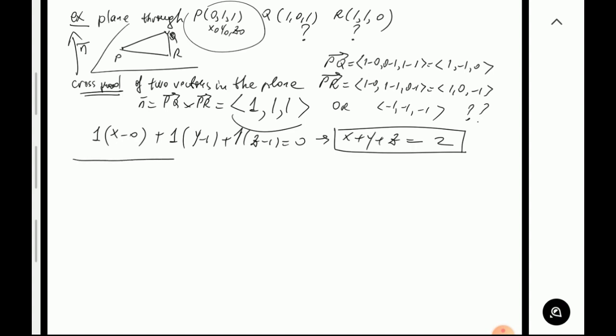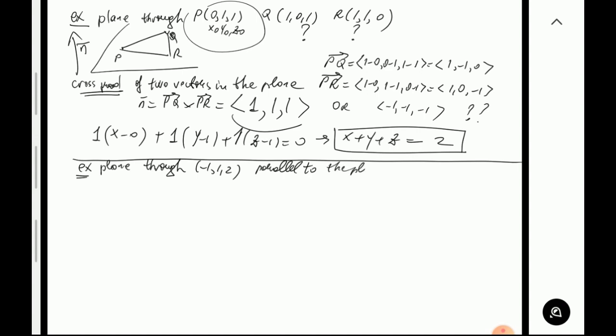Okay, actually, let's do even one more example, and I need to say something about the angle between two planes, yet another application for that. How do I find the equation of a plane through the point negative 1, 1, 2, parallel to the plane z equals x plus y?